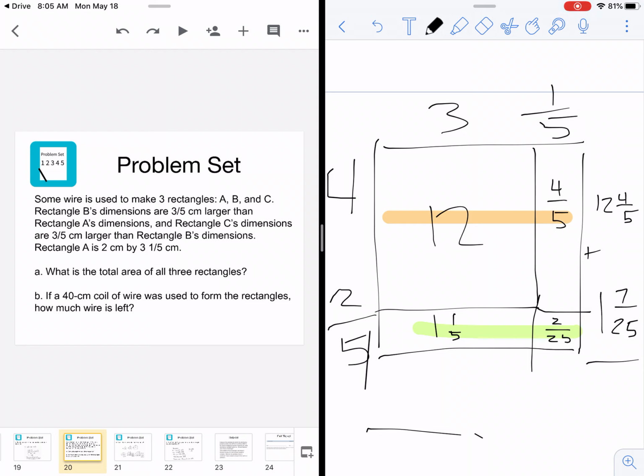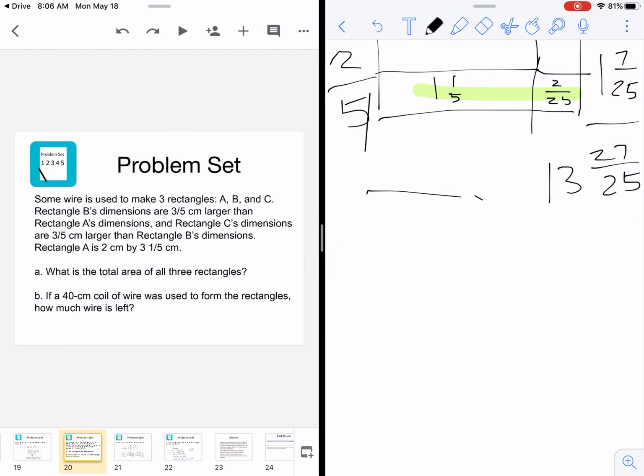So I have 13 and 27/25. 27/25 is 1 and 2/25. So 13 plus 1, so I have 14 and 2/25 centimeters squared.